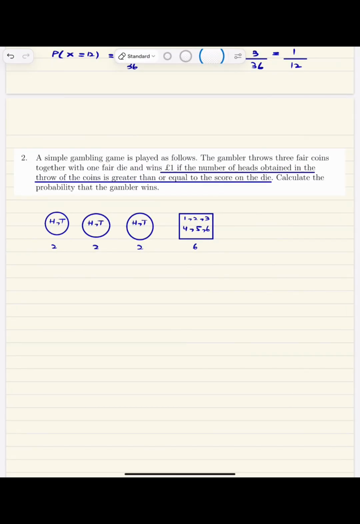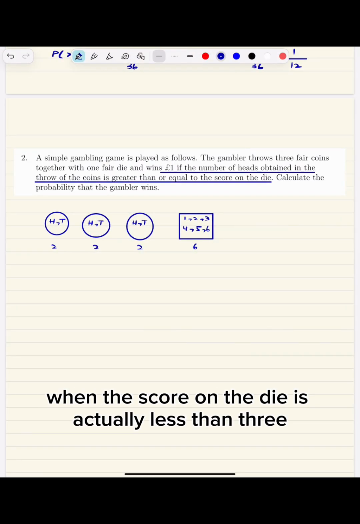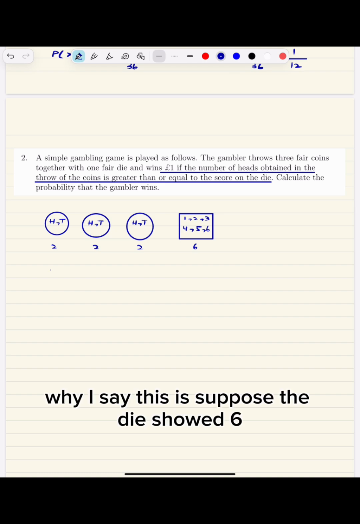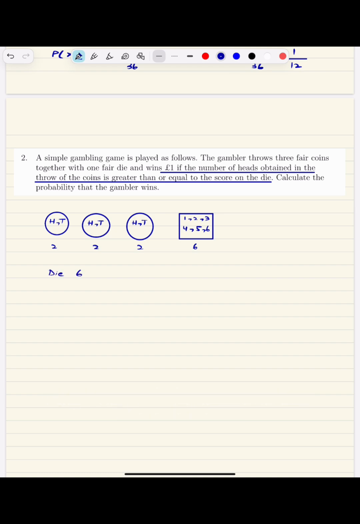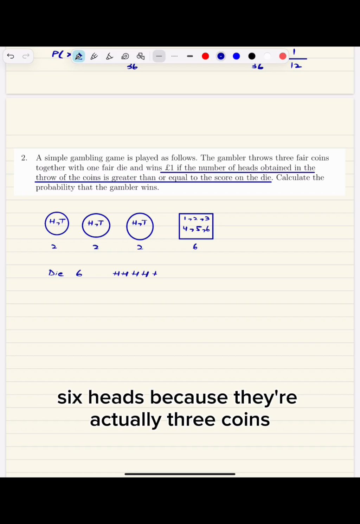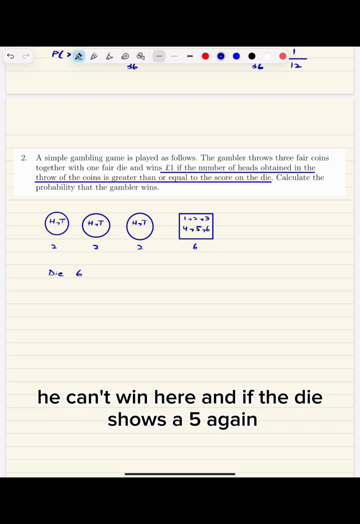Okay. So that means that he can only win when the score on the die is at most 3. Why I say this is, suppose the die showed 6. It's not possible for you to end up with 6 heads because there are only 3 coins. So he can't win here.